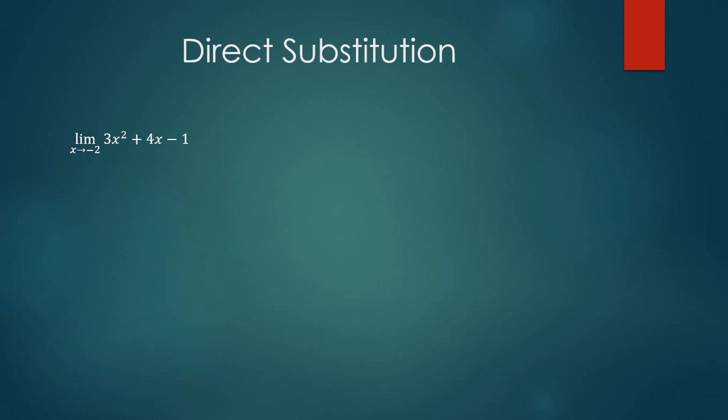Now it's important to note that calculus is built on the idea of limits. Alright, so it's only fitting that we start off with limits. So what we want to do is find the limit of that function there: the limit of 3x squared plus 4x minus 1 as x tends to negative 2.